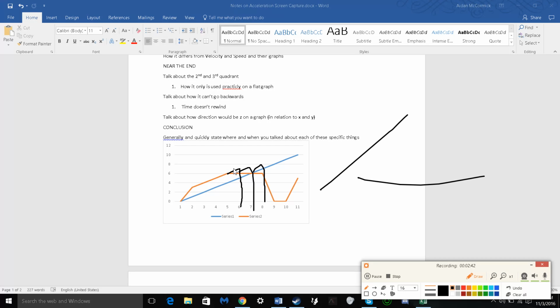So as you go from here, you're now going at 16 miles per hour, because 10 plus 6 is 16. From here to here, you're going 22 miles per hour, because 16 plus 6 is 22. And from here to here, you're going at 28 miles per hour. So in fact, if this was a velocity graph going like this, you'd actually be going up. So that's the best way to explain what the flat part is right there.